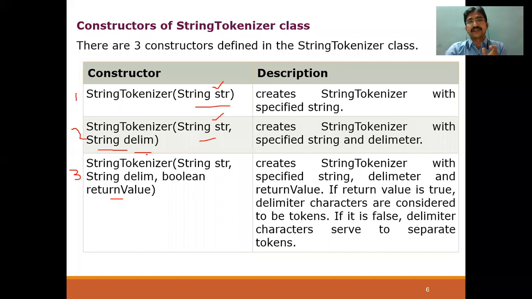Because if you do not specify the delimiter, by default it will take a space. If you specify a delimiter, say for example, "my name, is Bashir", whenever a comma appears, it has to divide up to that comma. It will take each token up to that comma. Once that comma is encountered, it will divide it as one token.